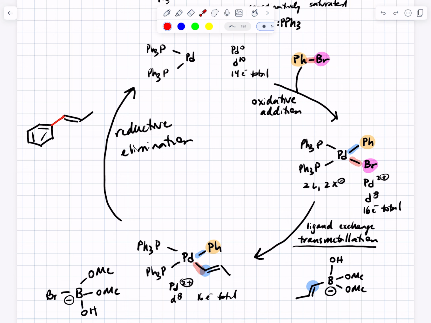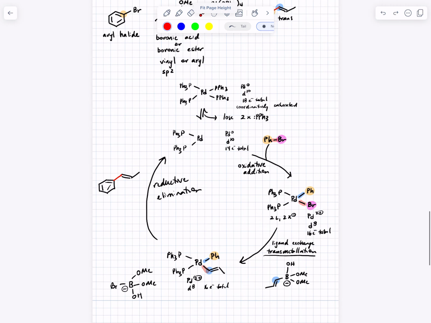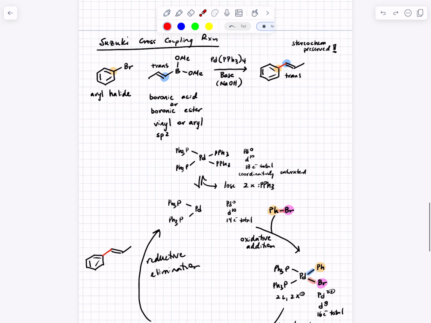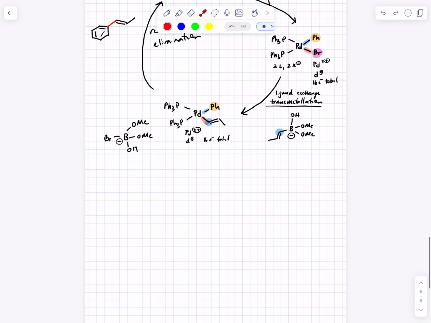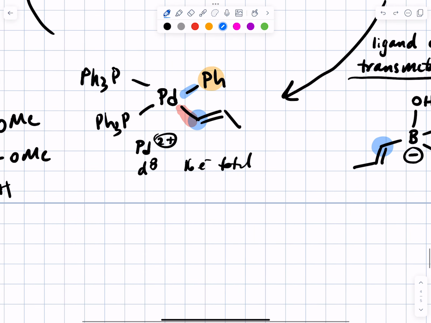All right, others? Yeah? This goes back to a little bit earlier, but I'm confused how the vinyl carbon can be an L-type. How can the vinyl carbon be an L-type ligand? Sure, let's look at that in this intermediate. Just imagine if it left with its electrons, what would it be?